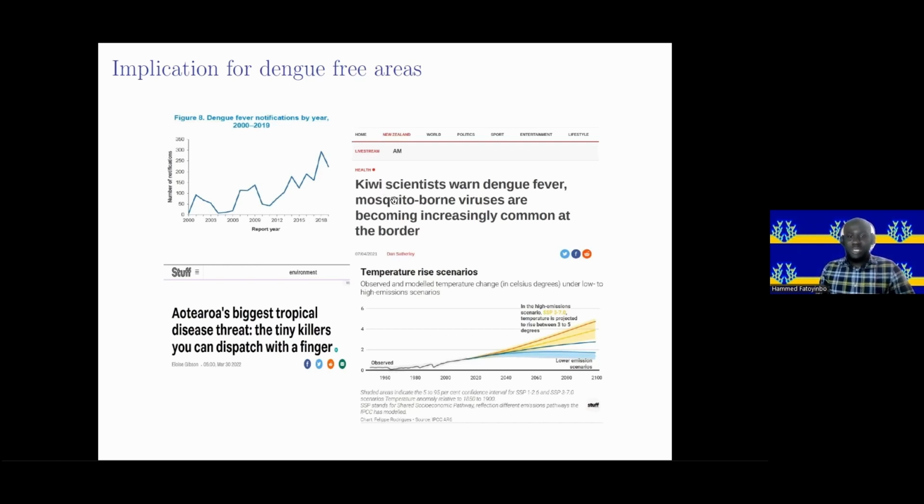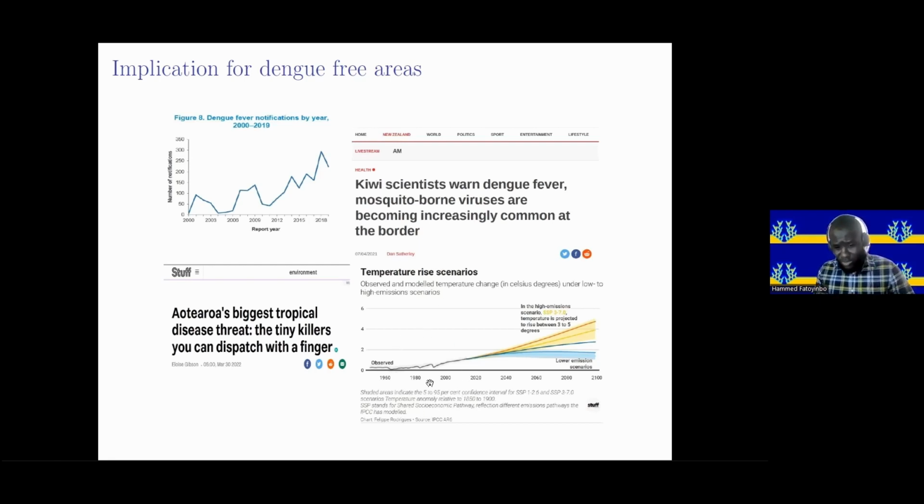There has been a lot of experimental research and observation to see if there are vectors that can result in dengue coming into New Zealand. One other thing is that there are different factors that can lead to this, and one of them is climate change, due to temperature increasing annually.